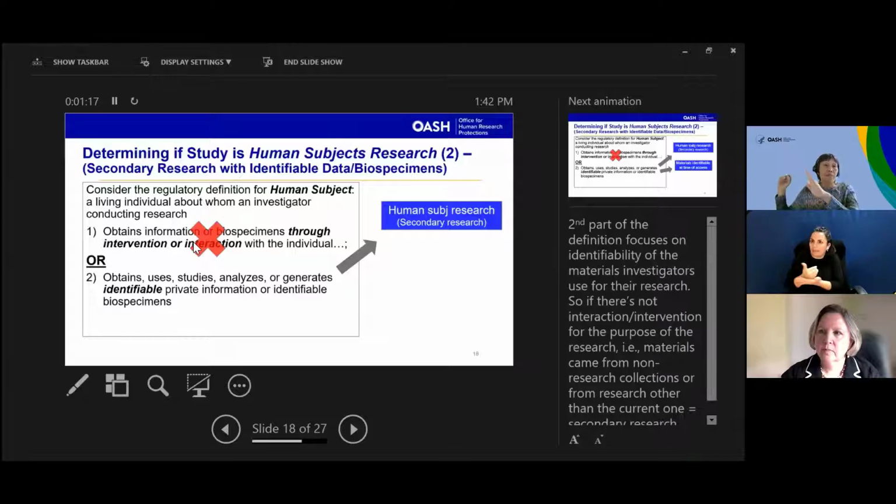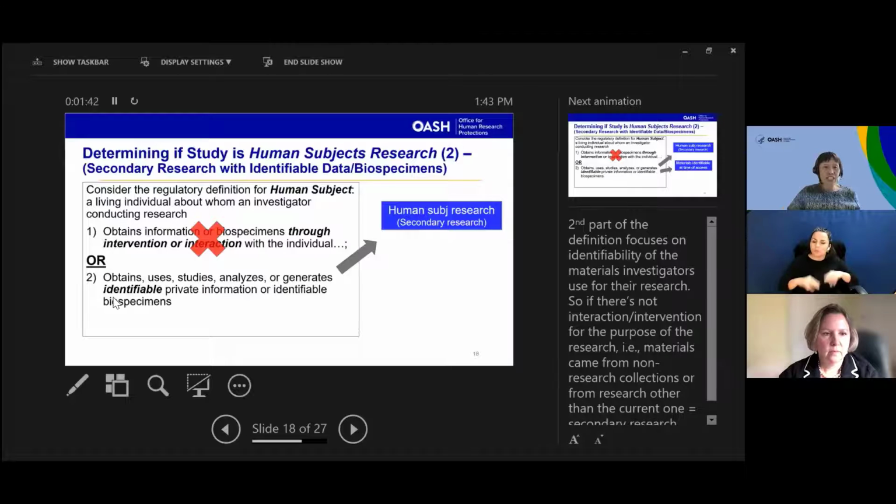But the materials are collected for a non-research purpose, or, if it was collected for research purposes, it's not collected for the purpose of your current research that you're proposing as a project to get funding. If you have access to identifiable information, then that would be human subjects research.